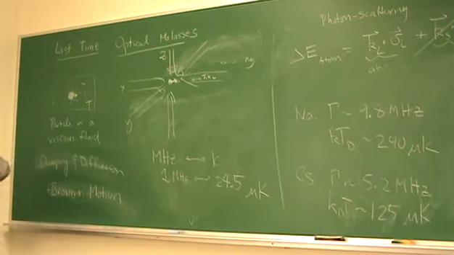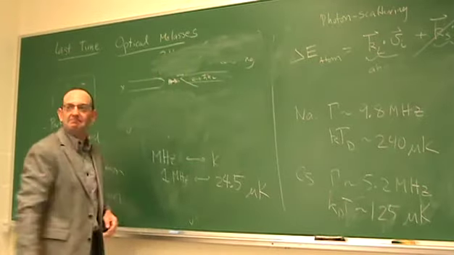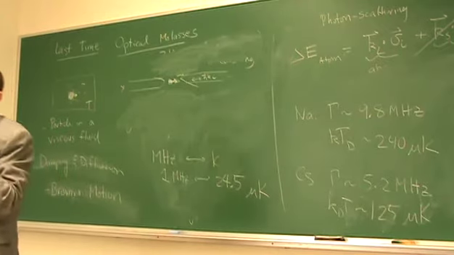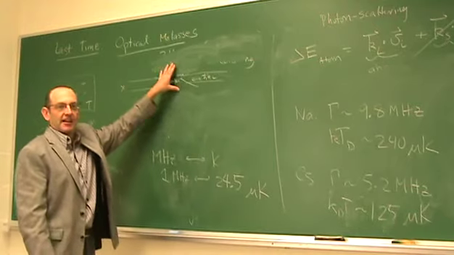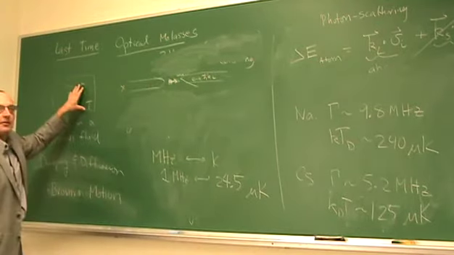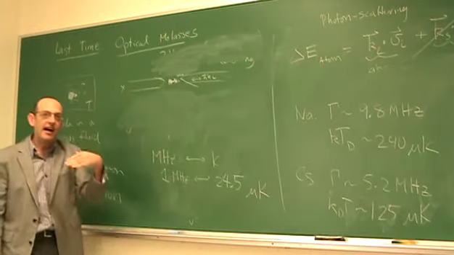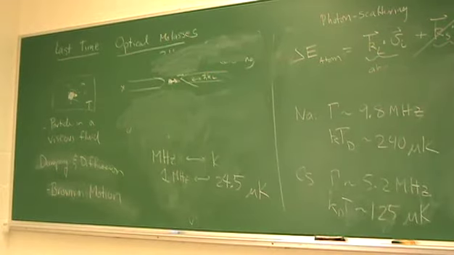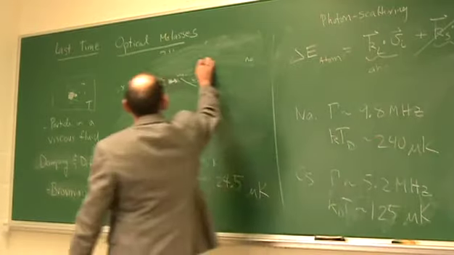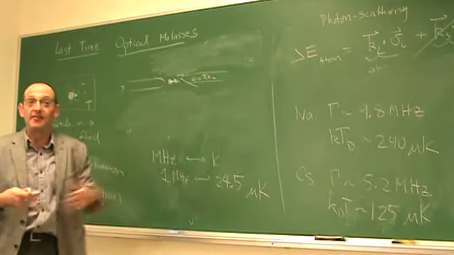So what the heck is going on in optical molasses? Well, this really isn't exactly this problem. This is not black body radiation. This is not a thermal state of photons. This is some very pure quantum state of the light. Sometimes we call it a coherent state of the light.